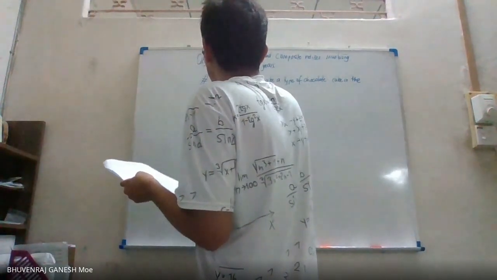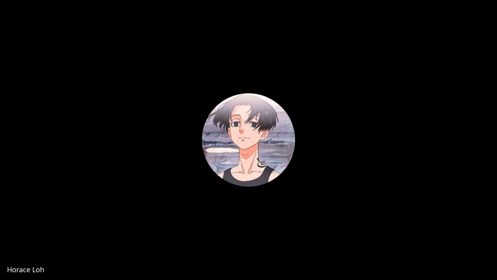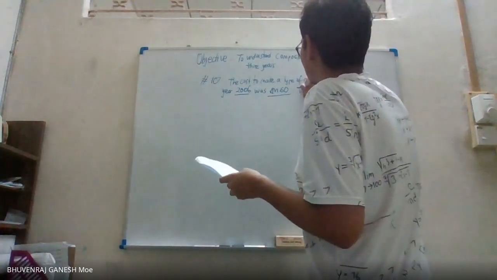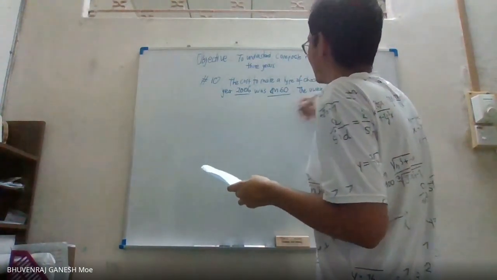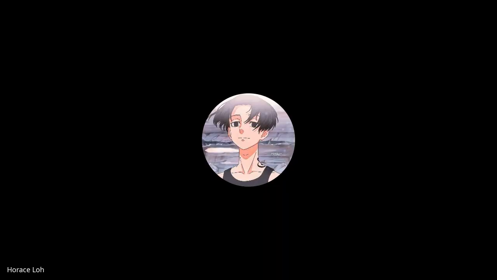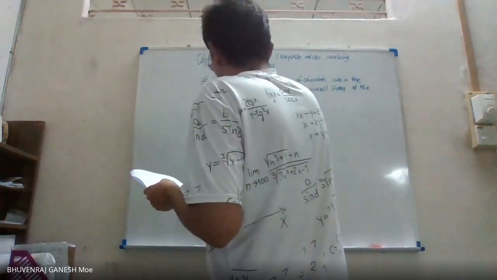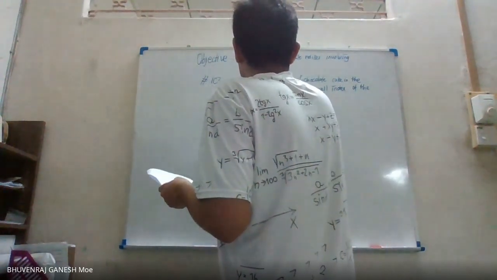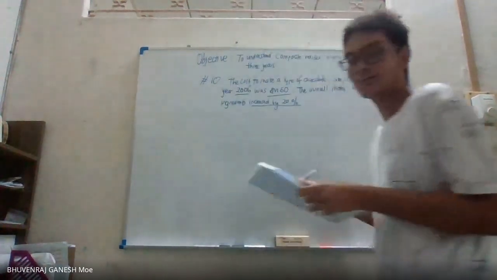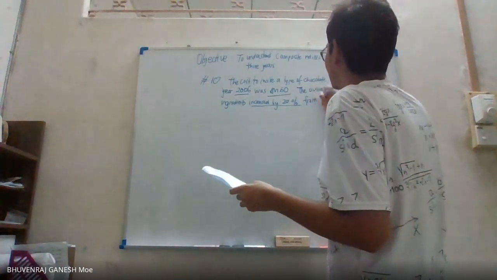So always notice the years they use here. Don't get confused. All the years, try to see carefully. So sometimes when you get the question, you can also highlight the important numbers. Then you can put it into a proper equation. So this is also one of the things they'll give you in the question. Increase by 20%. So you have to interpret it in the index.